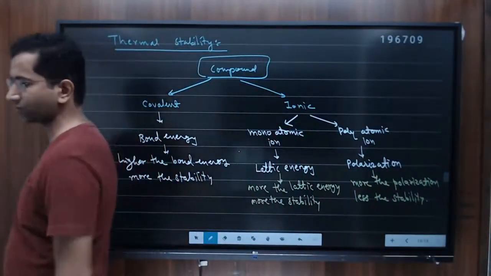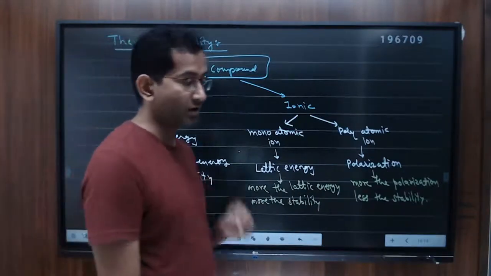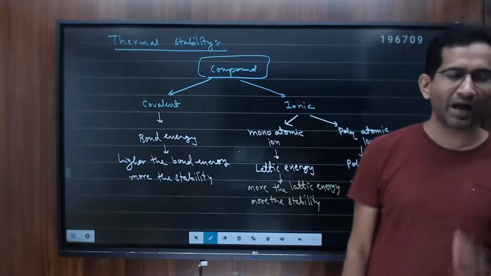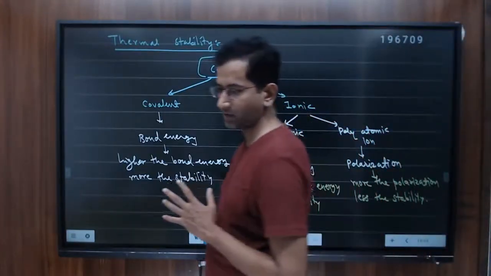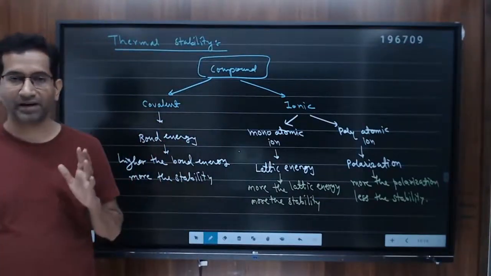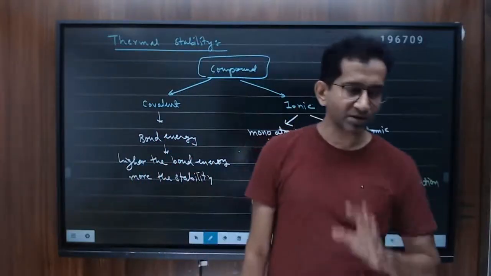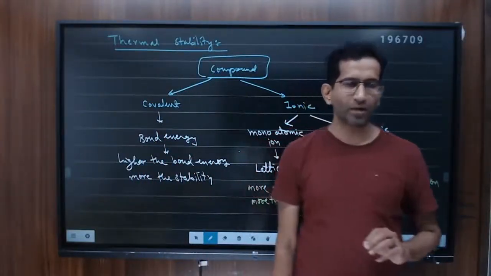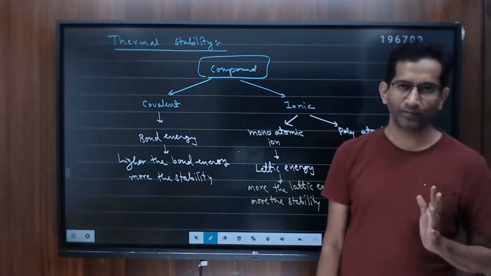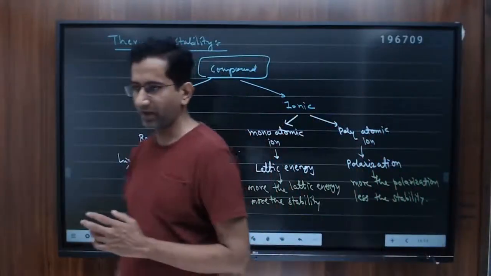First of all, you should search whether the compounds you are given are ionic or covalent. If all compounds are covalent, you will find out the stability of that covalent bond. More the stability of that covalent bond, more the thermal stability of that compound. Bond energy, as I have written, means stability of the bond.